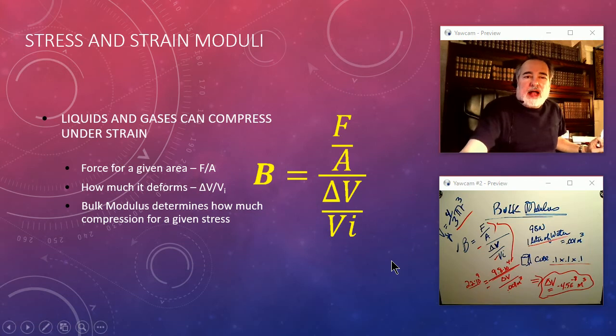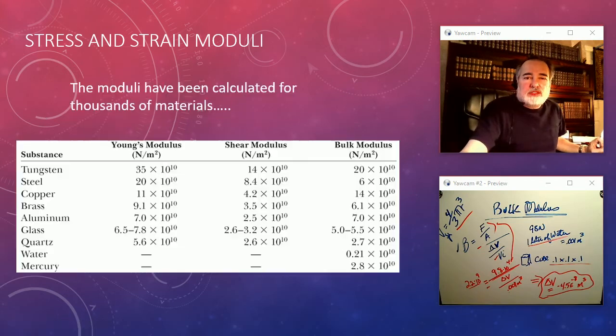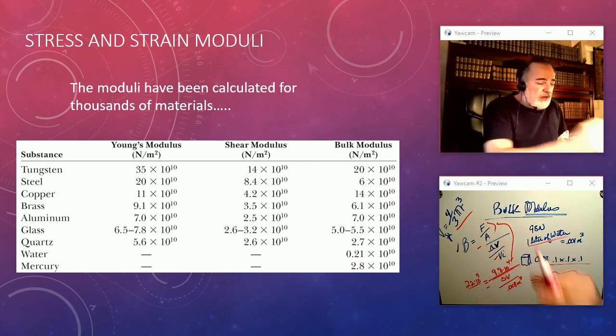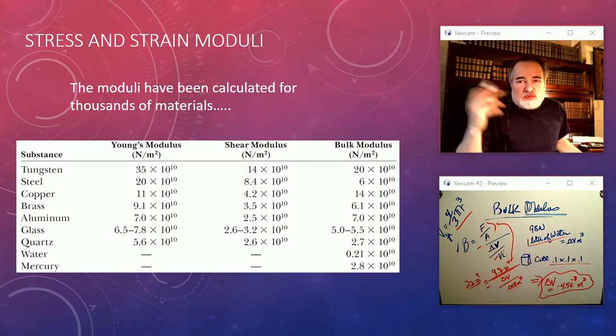So there you have it, the 3 modulus you need to be concerned about. And as I said, you have this table, and you should have this table when you do your assessment, and you're tested on this material. And either you're given the bulk modulus, or maybe you're not given the bulk modulus or the Young's modulus at all, and you're given all the other variables and asked, what is this material?